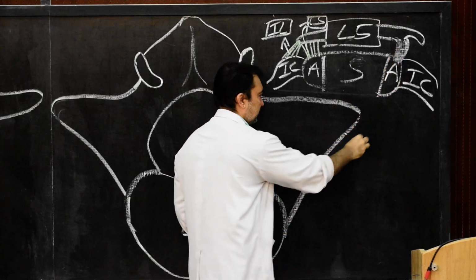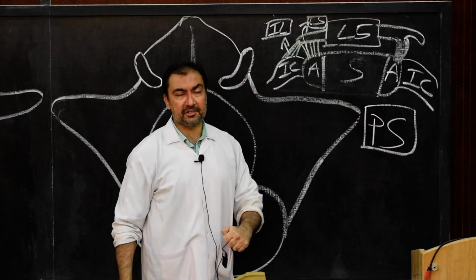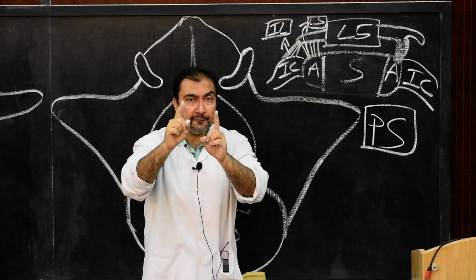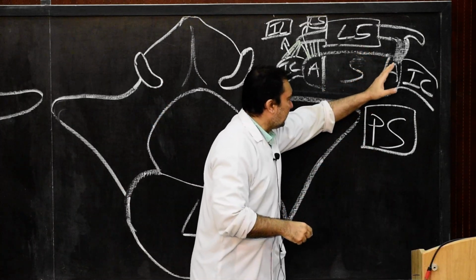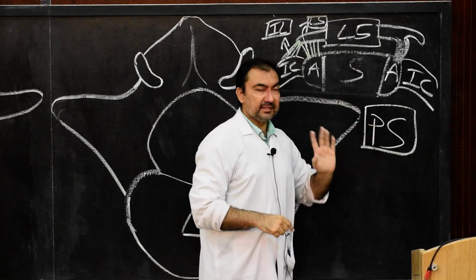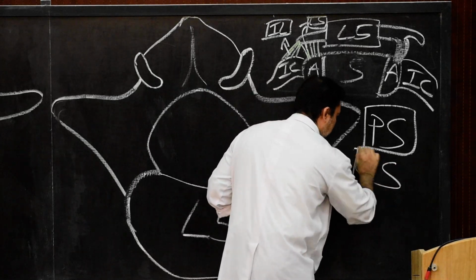This is very important. 1 mark question: what is partial sacralization? Unilateral fusion of the transverse process of L5 with the ala of the sacrum is known as partial sacralization. And what is known as complete sacralization?